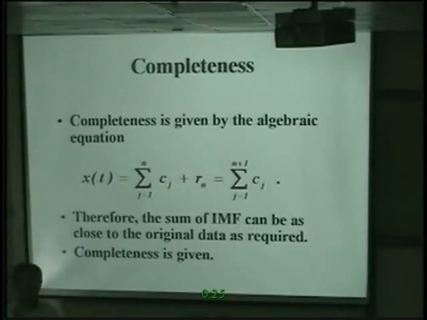Like, for example, the poor intermittency problem, it does not give you physically correct meaning. It's still right. Even if your end effect is terrible, it will still be right. Yeah. Every time you use this method, the method dictates that the summation of these has to be equal to the original data. So that's no problem.